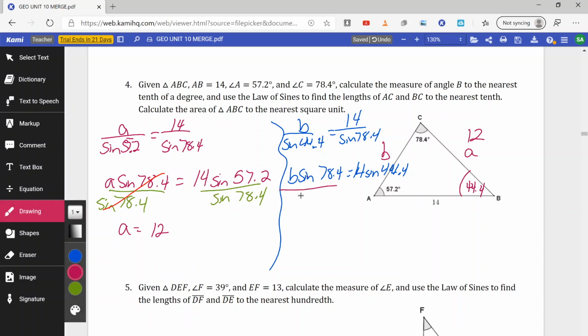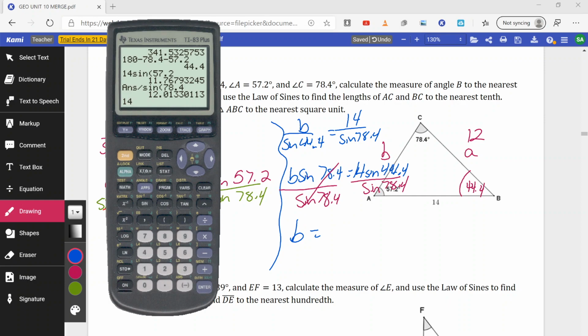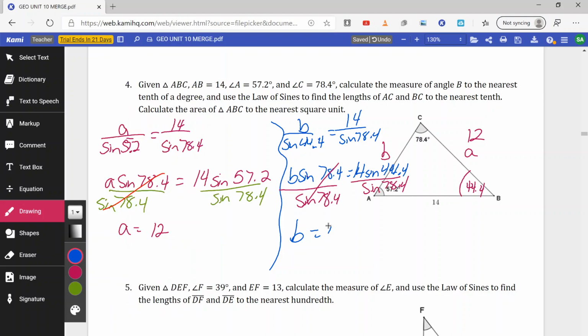Just like in the previous problem, we'll divide by the sine attached to our missing letter, so sine of 78.4. That will cancel out, leaving me with just B. And then we'll do 14 times the sine of 44.4 divided by the sine of 78.4. So we get 9.999, well, and we'll round it to make it equal to 10. So side B equals 10.